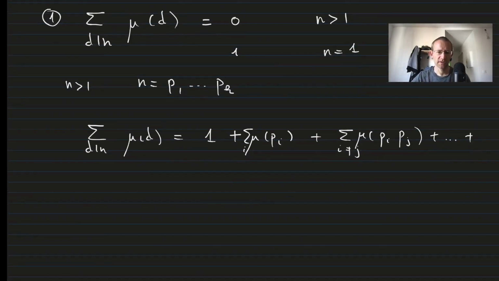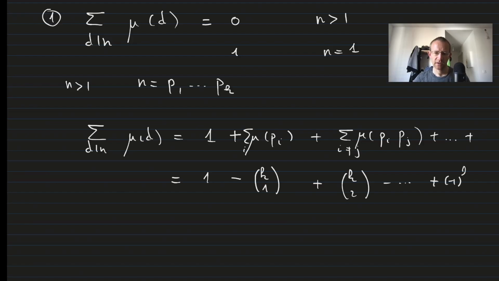And what are then these different terms? Well, they're 1. And here we have a choice of 1 out of k minus 1 plus, and then we have a choice of 2 out of k plus 1 minus, etc., all the way up to minus 1 to the k, choice of k out of k.